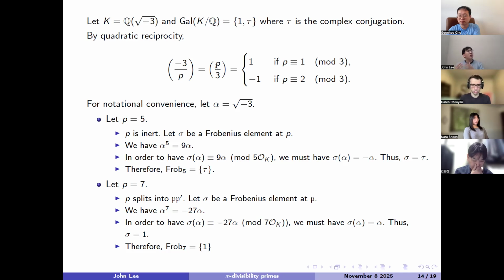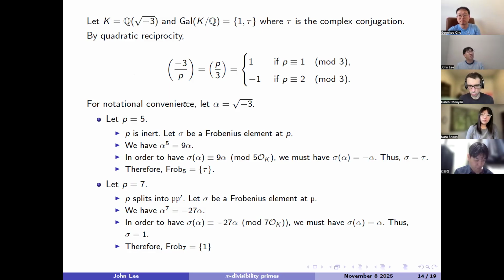Another way to put it is, if P is congruent to 1 mod 3, like 7, then P is splitting in this field. However, if P is congruent to 2 mod 3, like 5, then P is inert. What about 3? We don't care because that one is ramified. I told you if P divides this number, then that's the case when P ramifies. And in order to talk about the Frobenius class, I want unramified. So ignore the P equals 3 case.